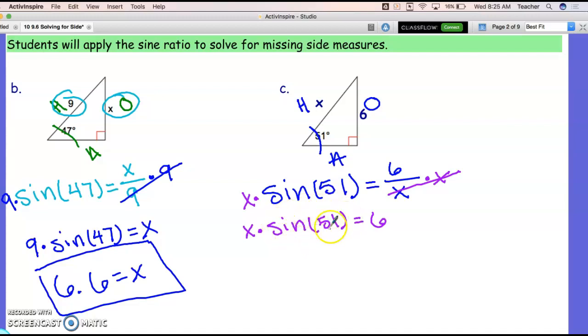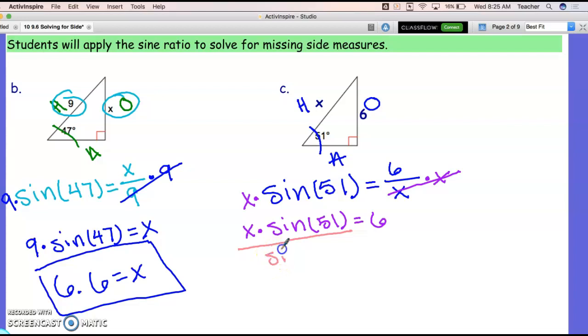Again, the sine of 51 is a decimal. If I plug it into the calculator, I can figure out what that decimal is. I'm just going to save that for the last step. So I haven't really gotten x by itself yet because right now it's being multiplied by the sine of 51. To undo multiplication, we use division.